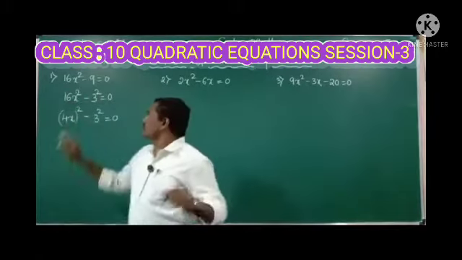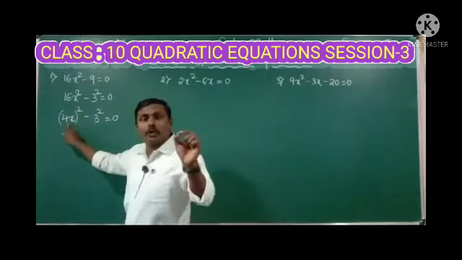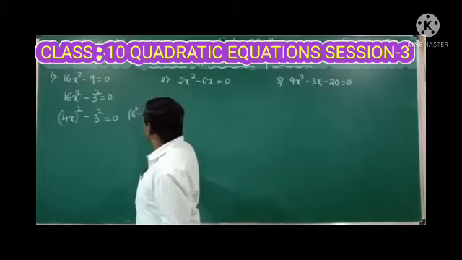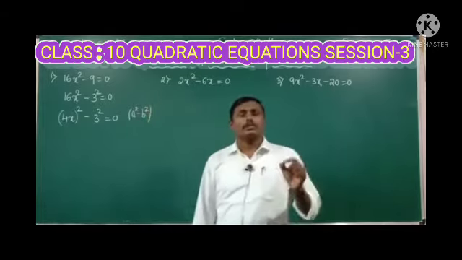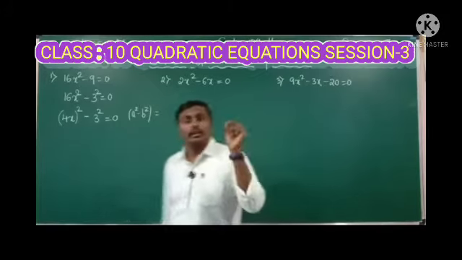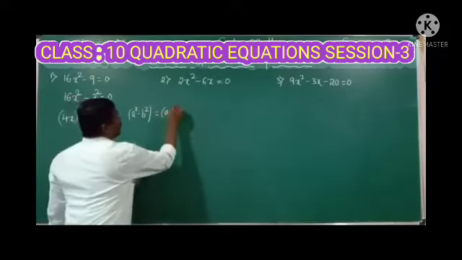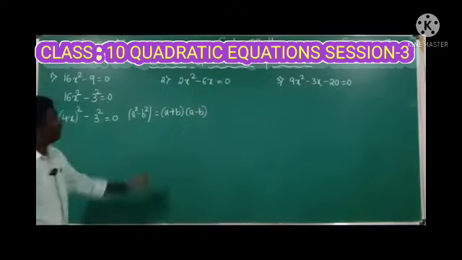Now just observe the equation. It is in the form of a square minus b square. So how are we going to write this a square minus b square? A square minus b square is equal to a plus b into a minus b, right?